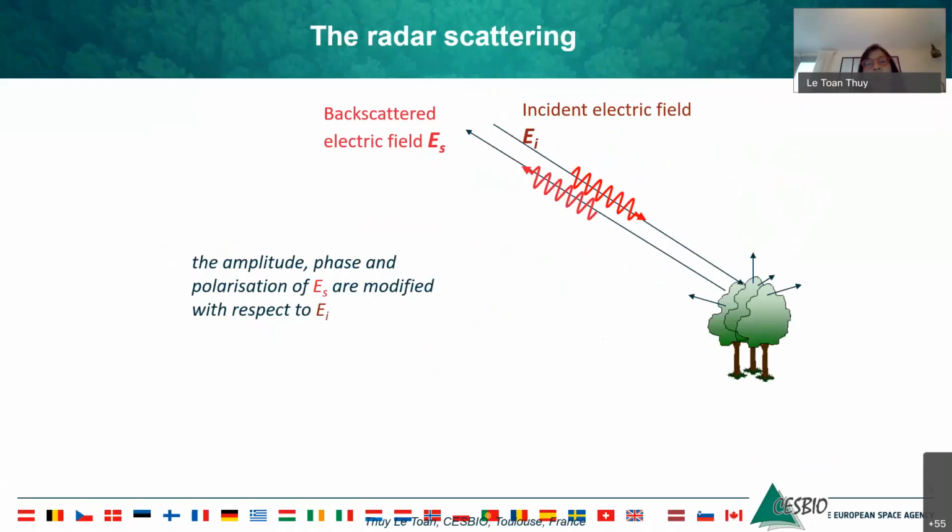So the radar scattering. You see the backscatter: the incidence electric field goes to hit the trees and then goes back, the backscattered electric field here, and the amplitude, the phase, and the polarization of ES are all modified with respect to EI.